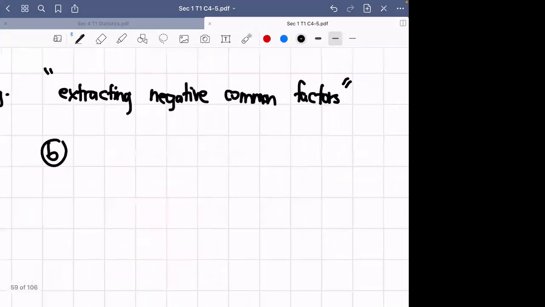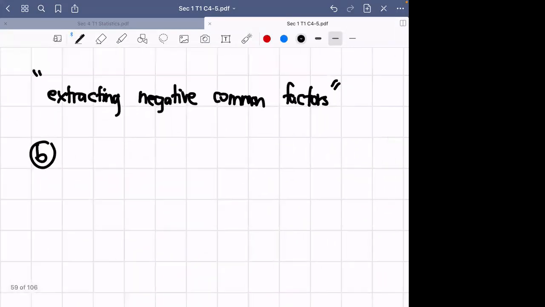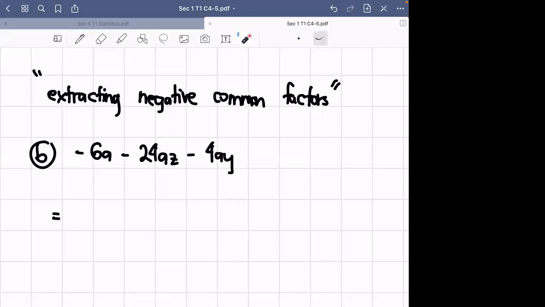For letter B, we have negative 6a minus 24az minus 4ay. That is equal to what? Let's extract the negative sign outside a bracket.